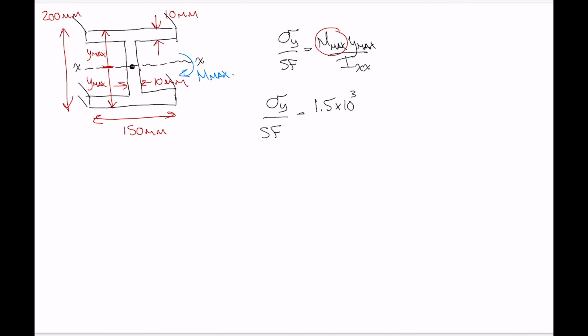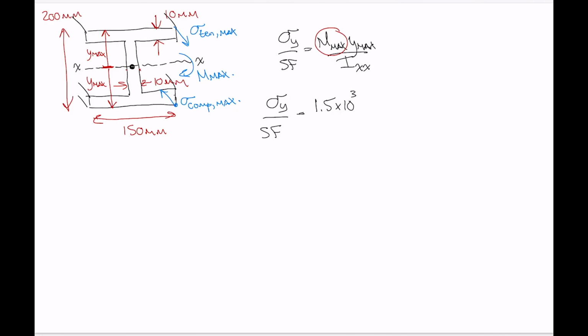So the bottom's in compression, the top's in tension, but the maximum tensile stress at the top and the maximum compressive stress, those two values are equal because the distances y are equal in both cases.